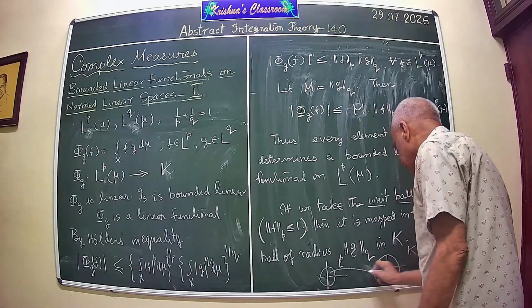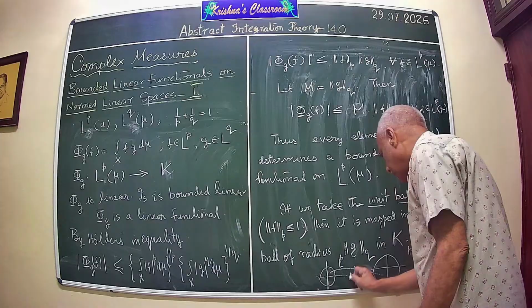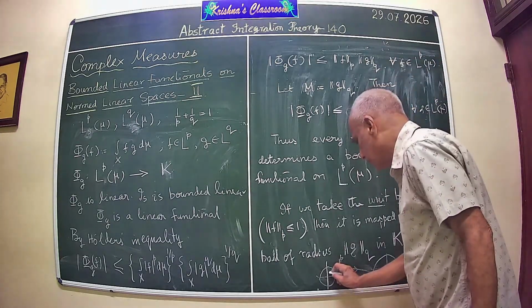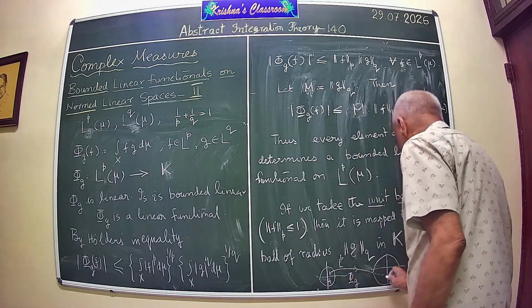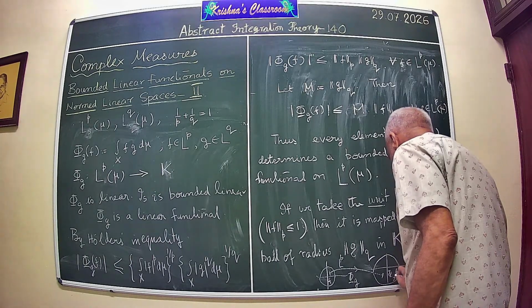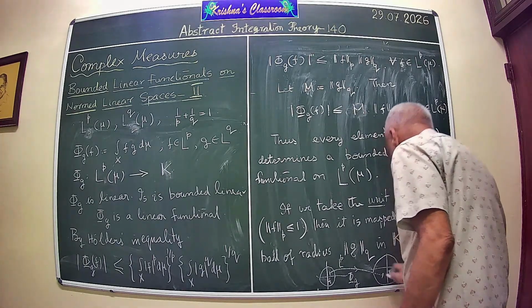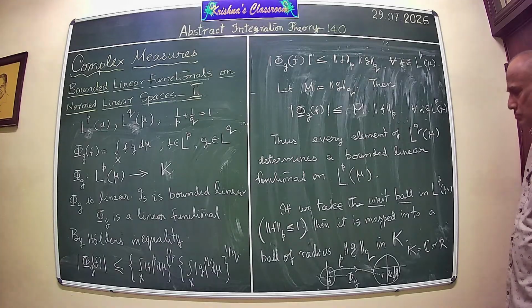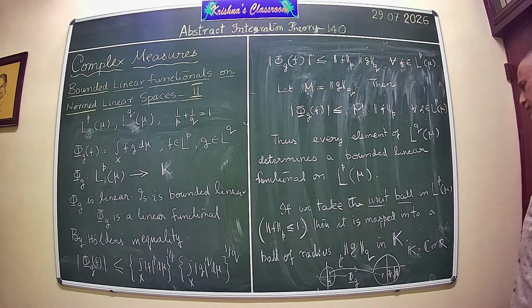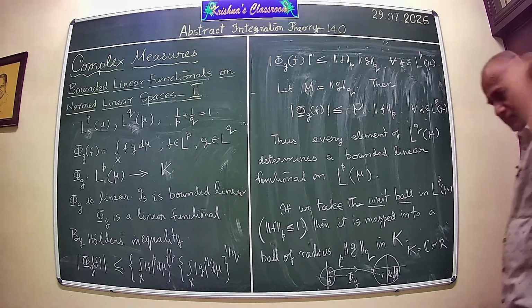This gets mapped by G. If it is R, then it's an interval with radius norm G, that is the Q norm of G. Okay, right.